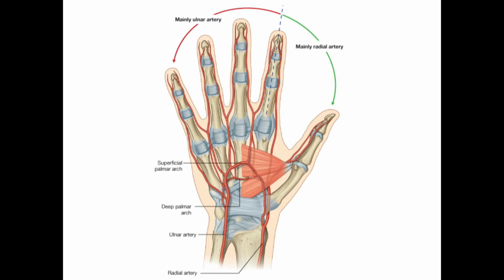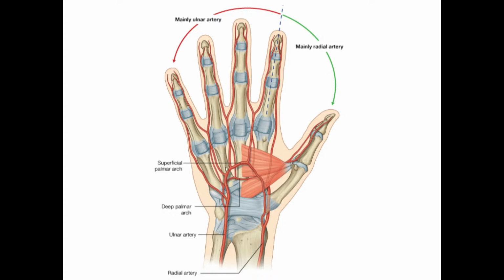So we see here that we're having the radial artery over the radial bone, and we're having the ulnar artery over the ulnar bone, right?